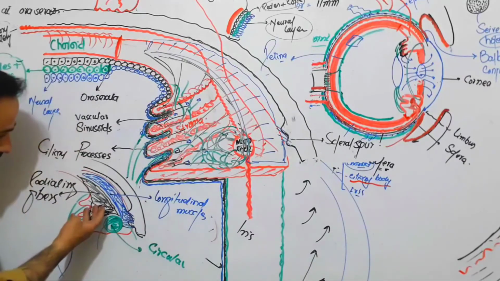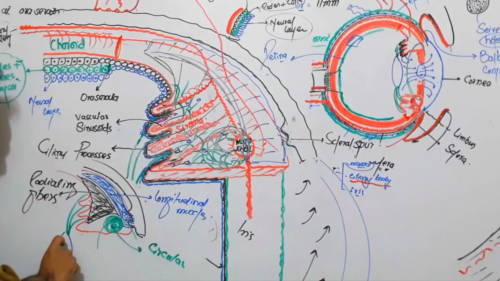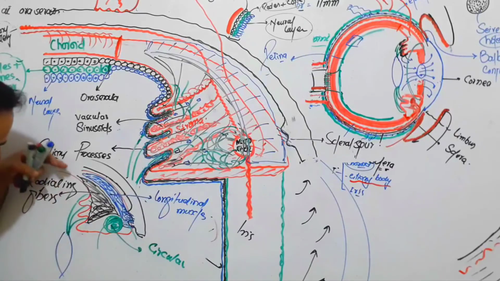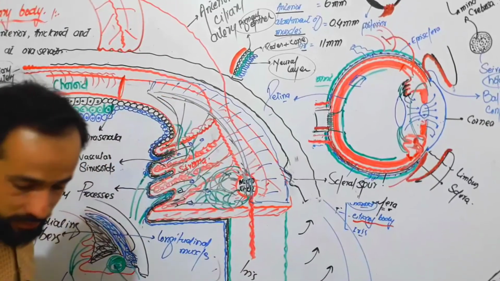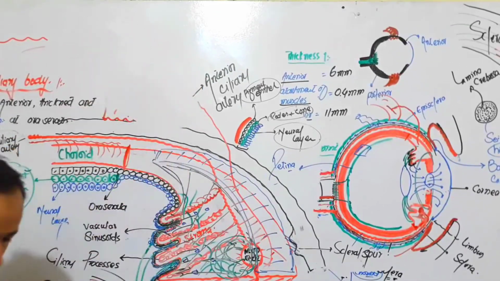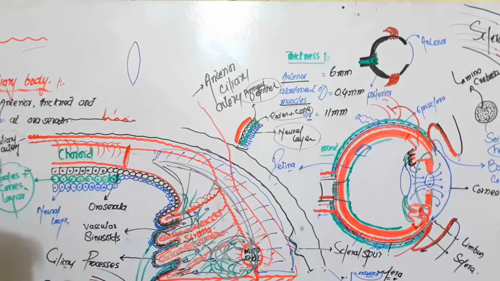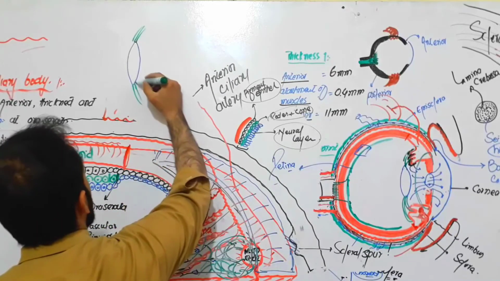Look carefully. These muscles are there actually to make the shape of the lens, the elongated and the rounded shape. Now let me show you here, friends. Let me make a very small lens, and also the suspensory ligaments. For example, this is your lens, right? And these are the suspensory ligaments.